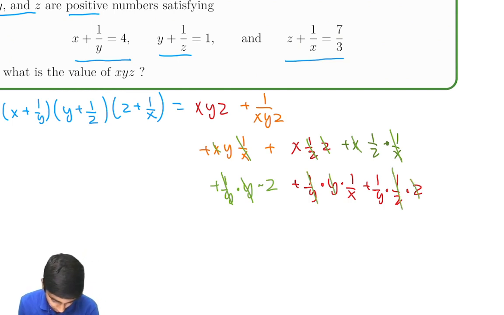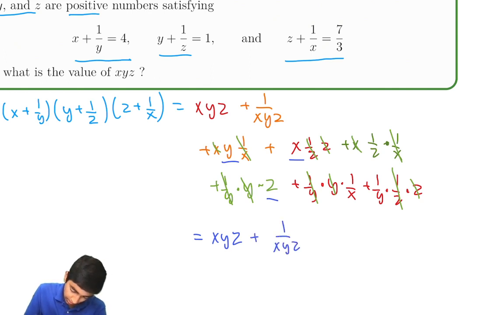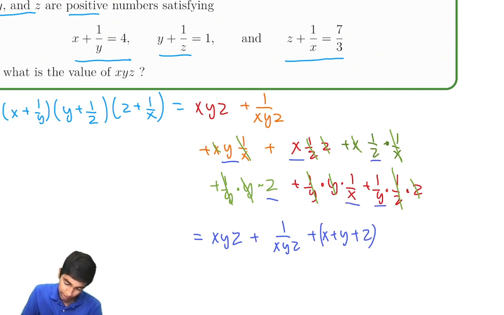So we're left with x, y, and z terms. So it equals xyz plus 1 over xyz plus x plus y plus z. And then also we have a 1 over x term, a 1 over z term, and a 1 over y term. So plus 1 over y plus 1 over x plus 1 over z.